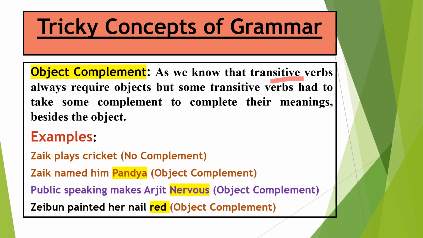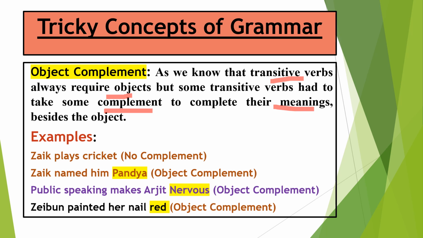And it also requires objects, but some transitive verbs have to take some complement to complete their meanings. In order to complete the meanings, some complement is required, and those complements are called object complements.